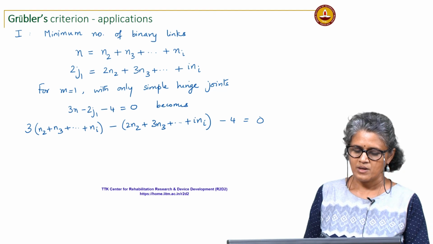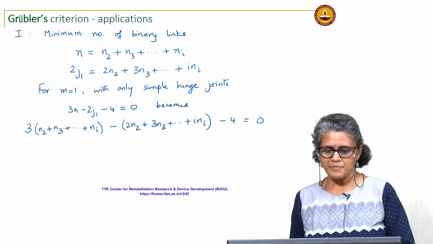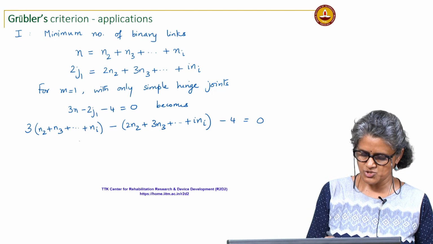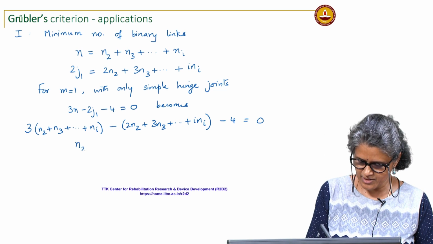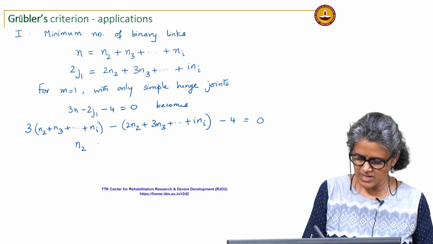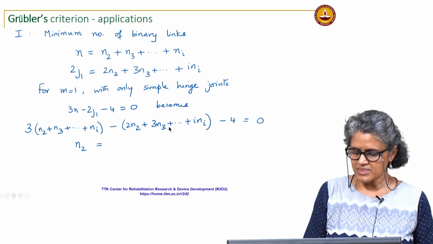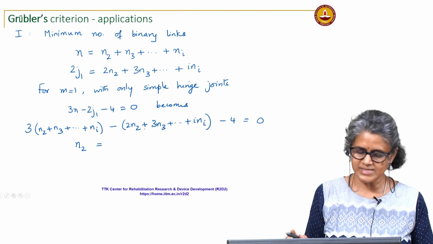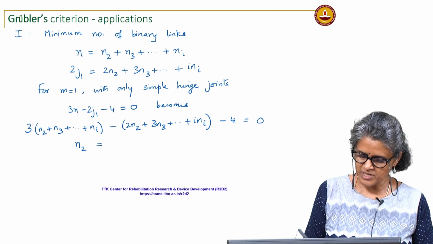Now, 3n2 minus 2n2 gives n2, and 3n3 minus 3n3 means all the ternary links are out of this equation.